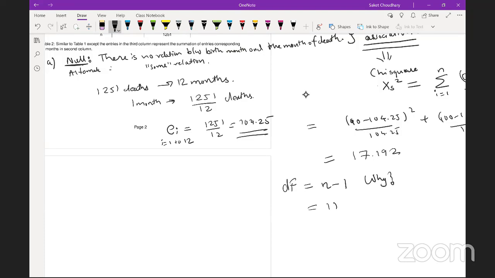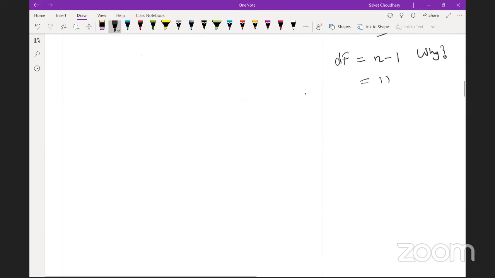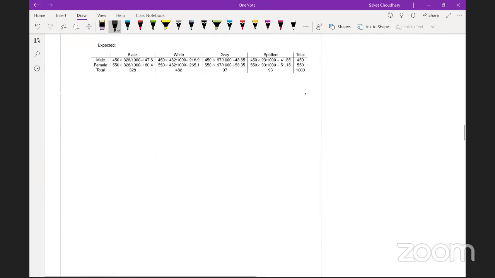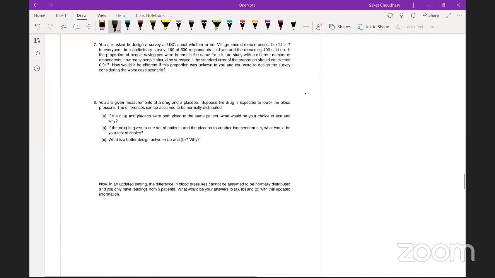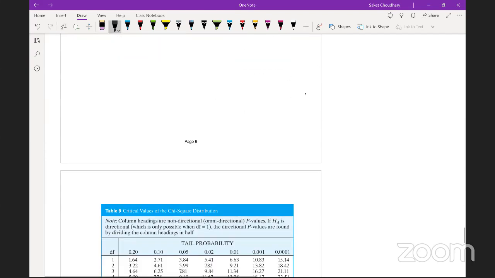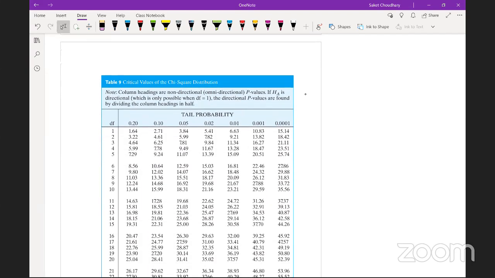Okay, so how do we look this up? For looking this up, we go to a different table now, which is table 9. Before we start actually reading the value, we'll read the header of the table, and it says that the values you see here are non-directional p-values.